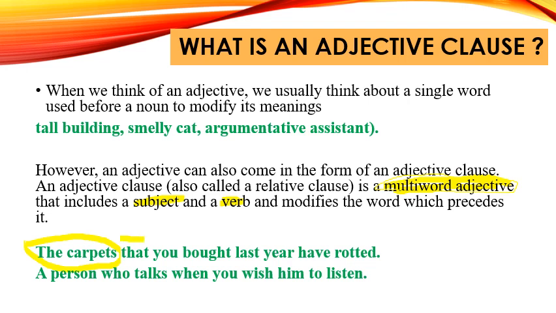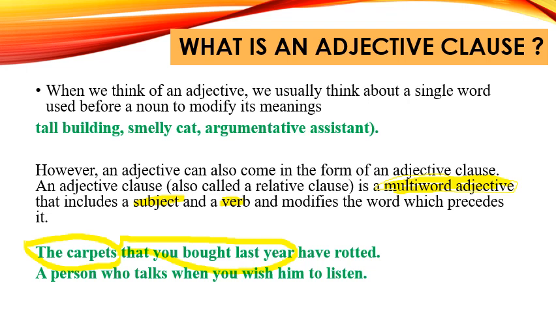This is the clause which gives me more information or identifies the carpets, and this is why it is the adjective clause. You see that it is always inserted between the subject and the verb, because it always follows the word which it modifies.